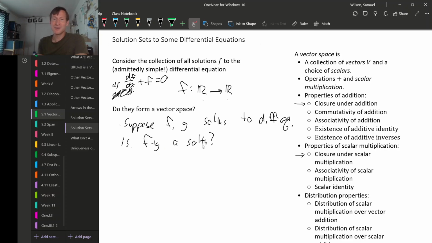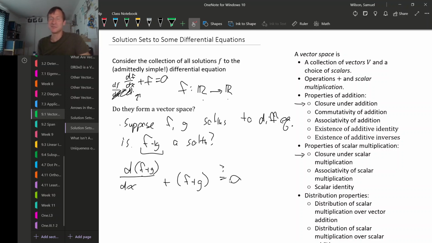So how could we check? Well, to check if something is a solution, you can just plug it in, right? So let's plug this function into this equation and see if we get 0. So the derivative with respect to x of f plus g, plus f plus g. And what we're hoping is that this is going to be equal to 0.